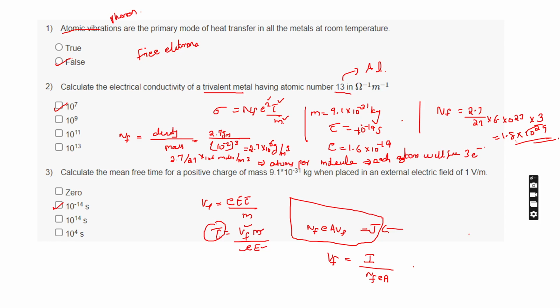And we know the current density formula, n e Vf. So substitute those values here and you will get the answer in the order of 10 to the power minus 14 seconds.